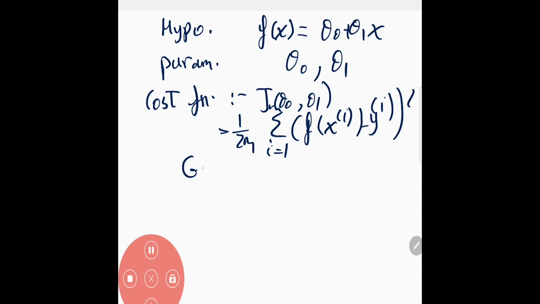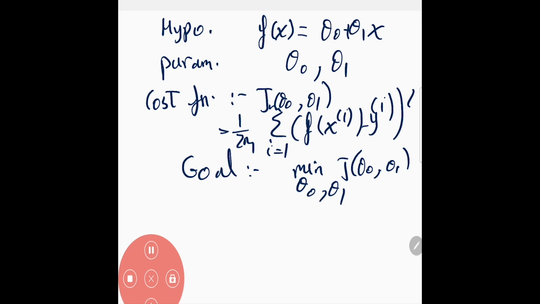And the goal is to minimize this J function. So we need to pick this theta 0 and theta 1 that make the value of this function minimum. So how exactly are we going to do that?